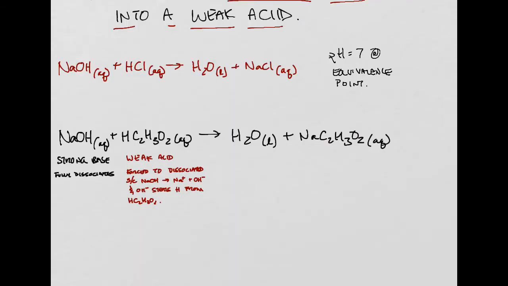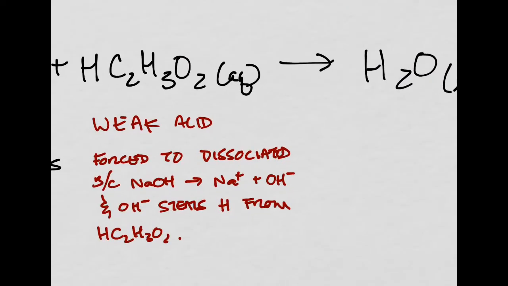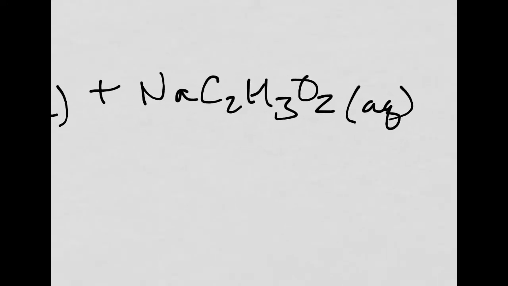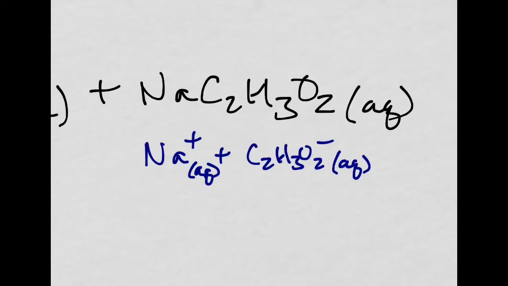And it's important to notice here, if you recall from our group quiz, the conjugate base of a weak acid is actually going to be a strong base. In this case, it's sort of hidden in here, and that's because this is an aqueous solution that's going to form this ion, and this ion is actually going to be the strong base.